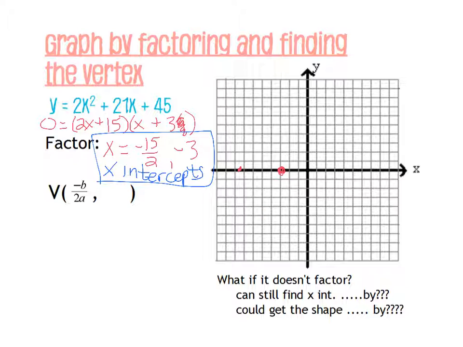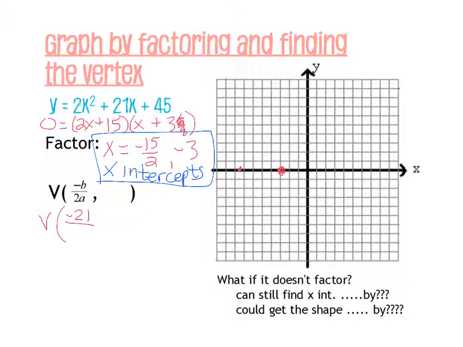This little formula, if you'll recall from Algebra 2, helps you find your vertex. The x value of the vertex will always be the opposite of b over 2a when your quadratic is in this form. In this example, the opposite of b would be negative 21 over 2 times a.